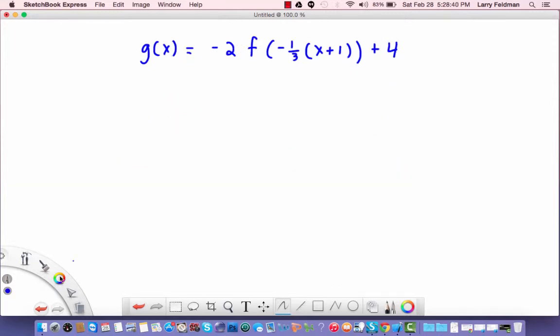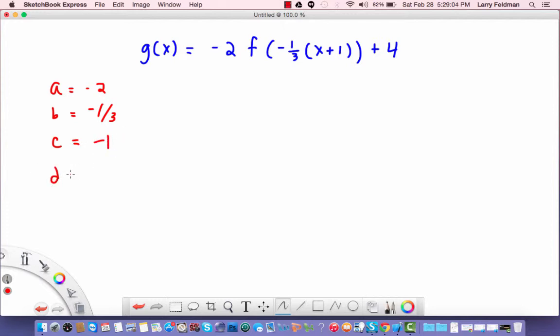Okay, so let's do an example. And I saved a little time by writing this function up there. Let's identify the key pieces here. a is -2. b is -1/3. c is -1.